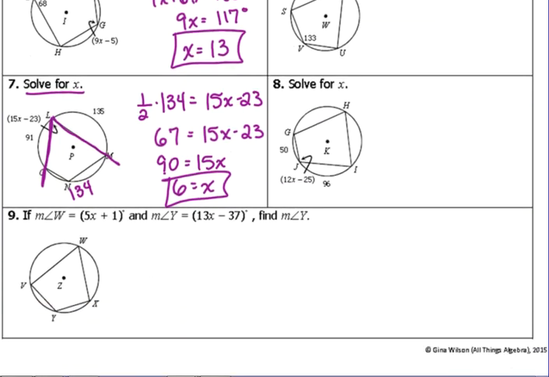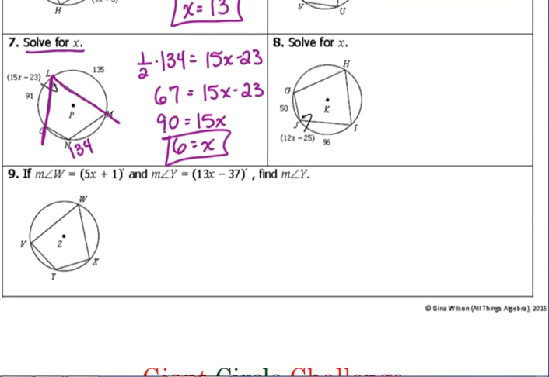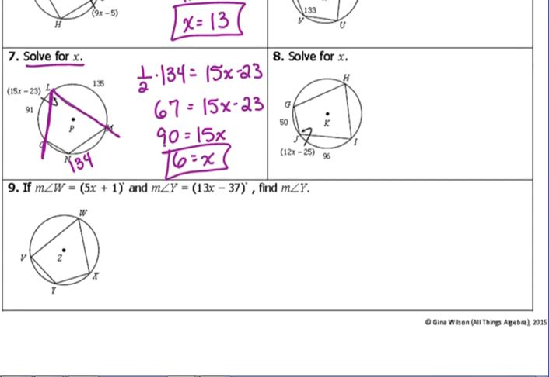Number 8 is just like that one. Let's look at number 9. If the measure of angle W is 5x plus 1, so 5x plus 1 is here at W, and the measure of angle Y is 13x minus 37, find the measure of angle Y. So W and Y are those opposite angles, so they're supplementary.